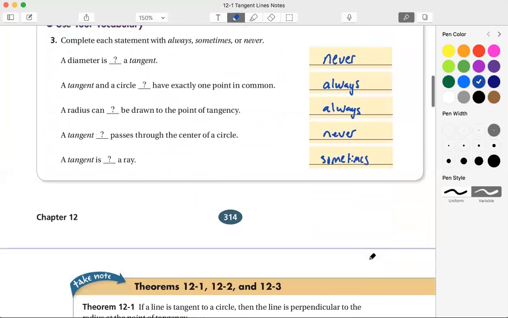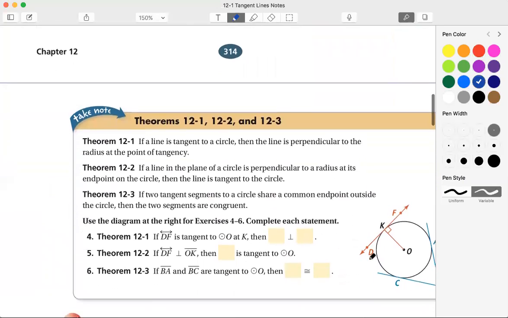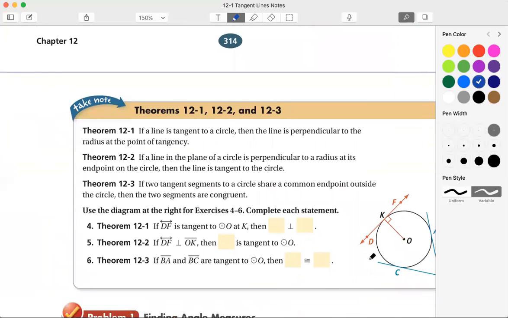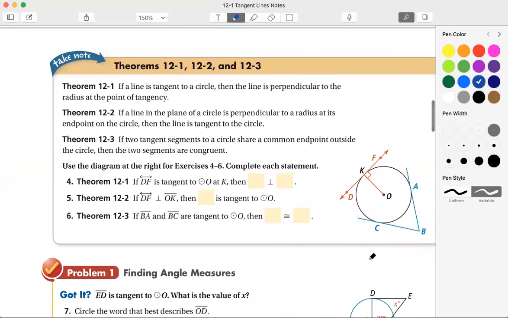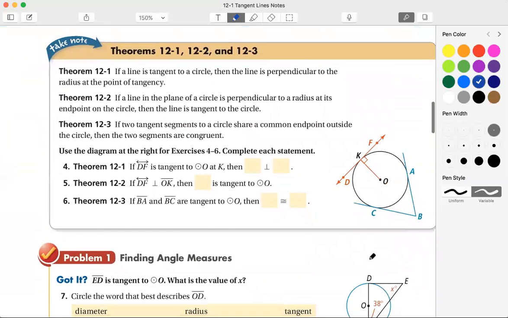All right, next page. So theorems 12.1, 12.2, and 12.3. In theorem 12.1, if a line is tangent to a circle, then the line is perpendicular to the radius at the point of tangency. An example of that would be right here. So here's a tangent to the circle, and here's the radius. It is perpendicular, so that's why we draw the line perpendicular there.